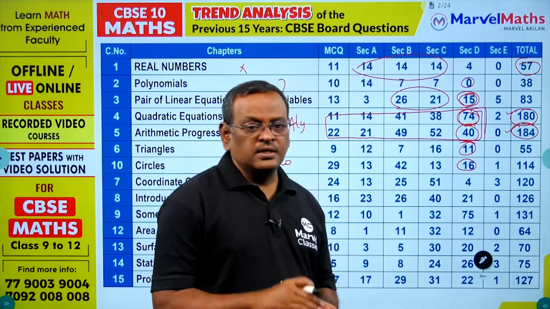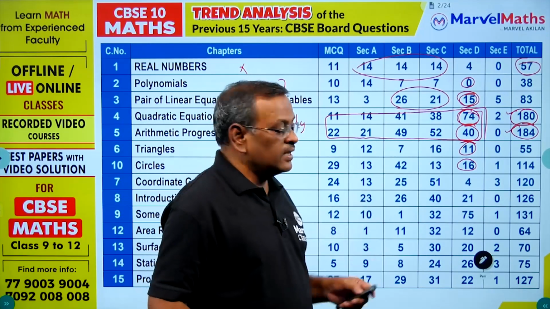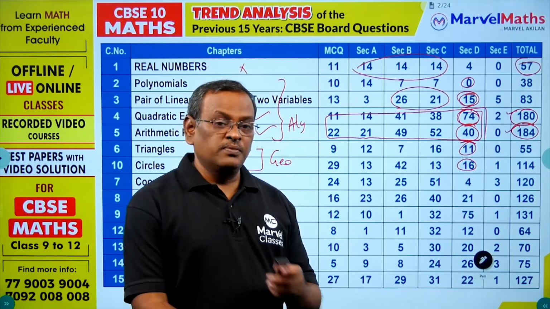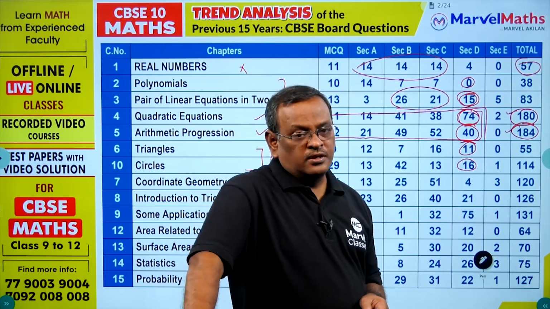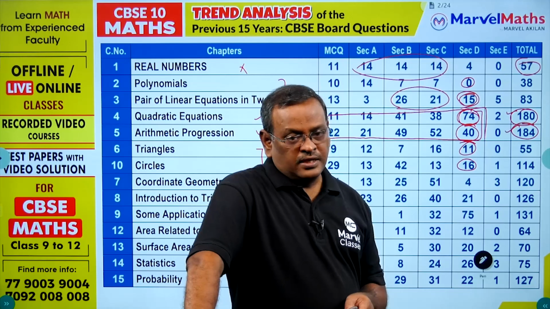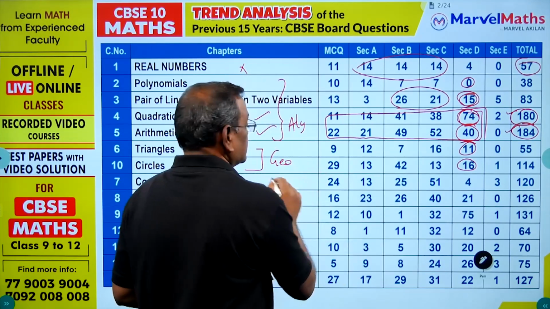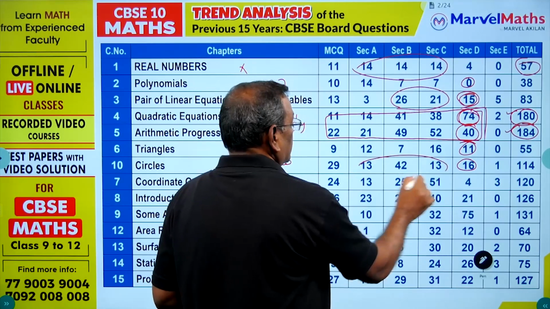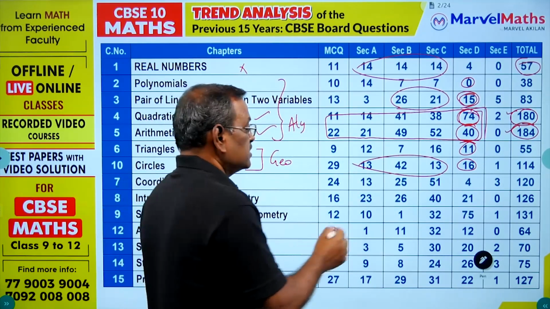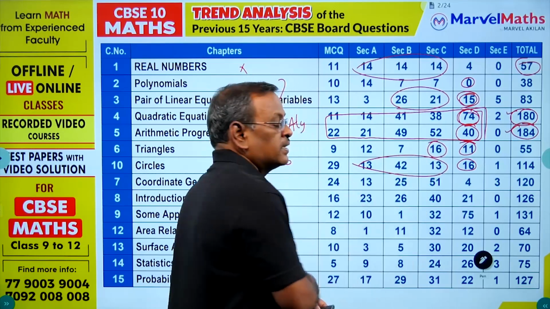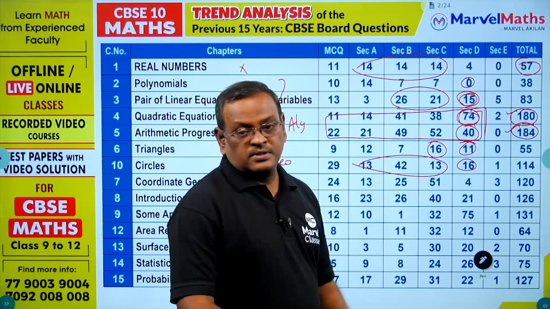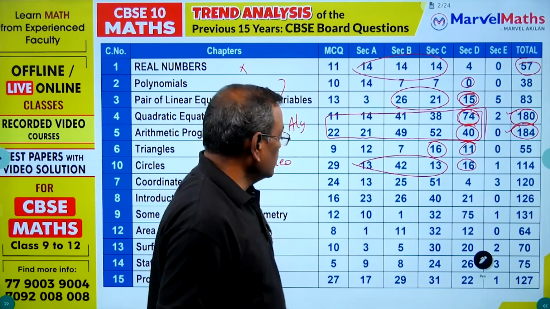In the 11 questions, a few are numerical, and the others are theorems and proofs, and problems based on theorems also. So focus more on circles, and you can expect a 3-mark question from triangles and a 5-mark question from circles. Both are important.